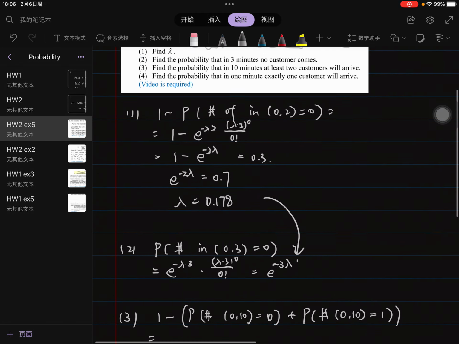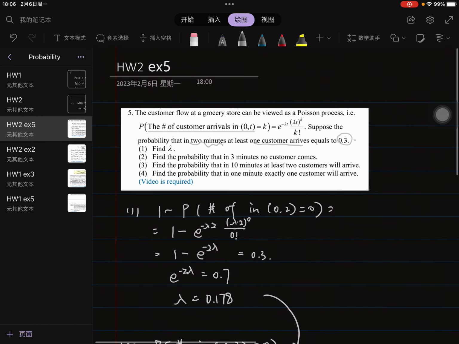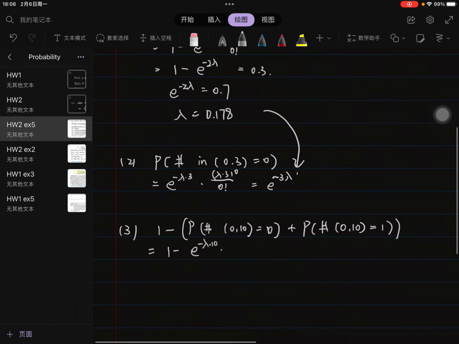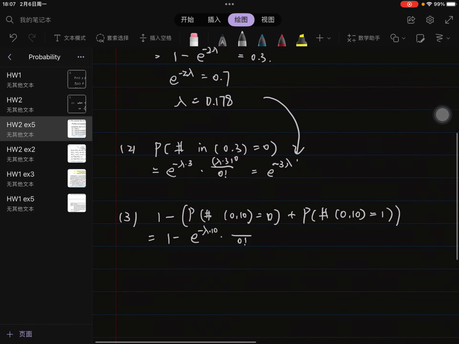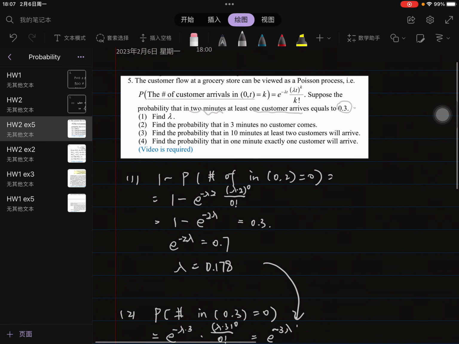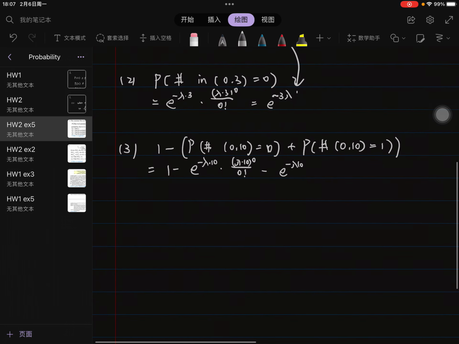And we put in those formulas, that is 1 minus e to the minus lambda t with the factorial of 0, lambda t to the 0, minus e to the minus lambda t over the factorial of k.